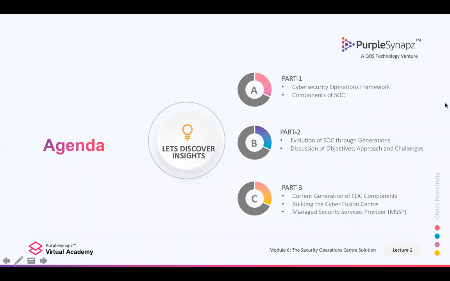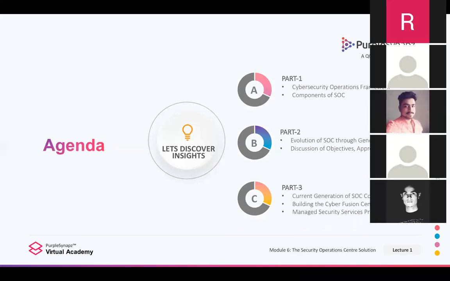Then we are going to cover how to build that cyber fusion center. In the last few slides of session number 3, we're going to cover what managed security service providers are and what their frameworks are.